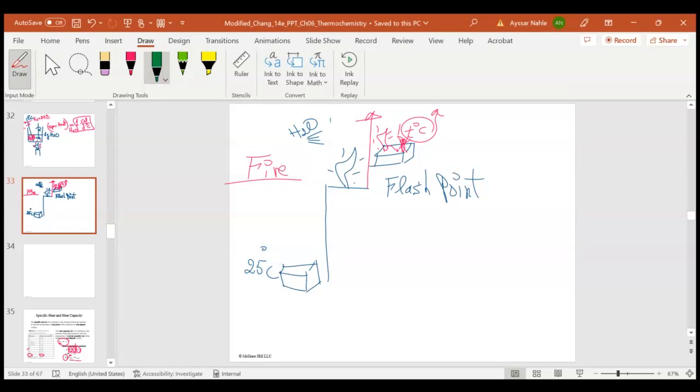The temperature in here is supposed to go down because the water is being evaporated and takes the heat with it. Once the temperature is slightly below the flash point, there will be no flame. You understand what I'm doing? Yes? There will be no flame.